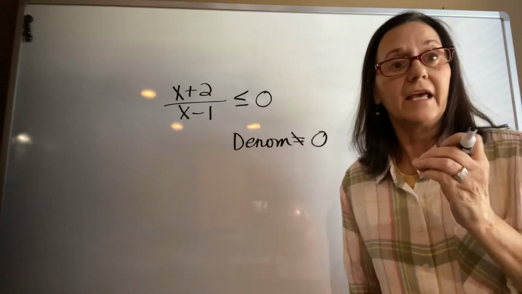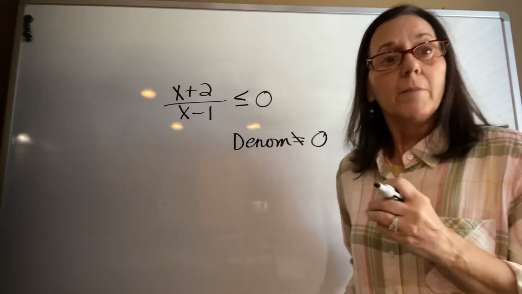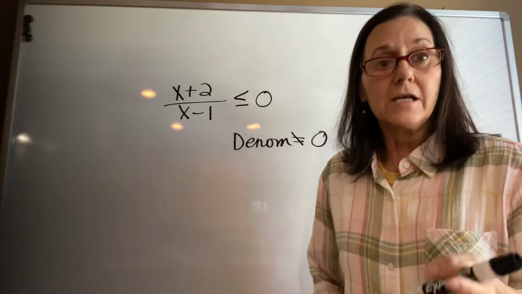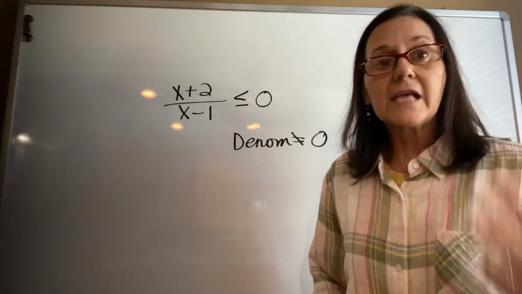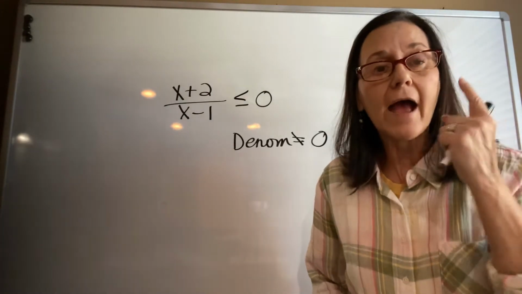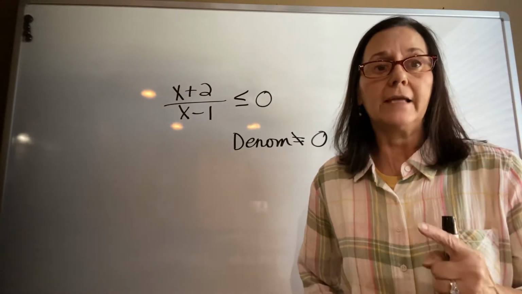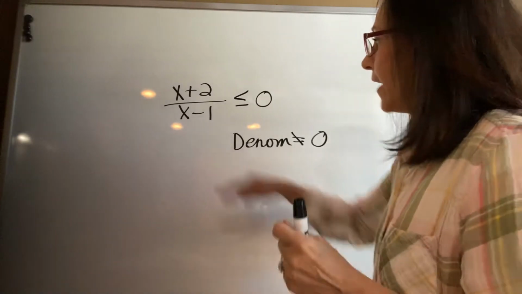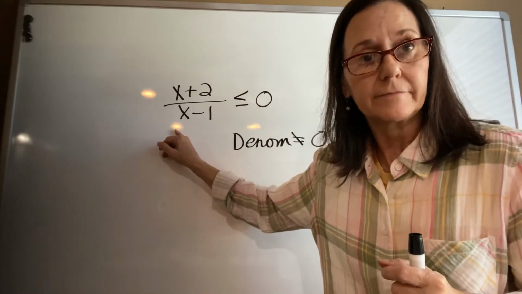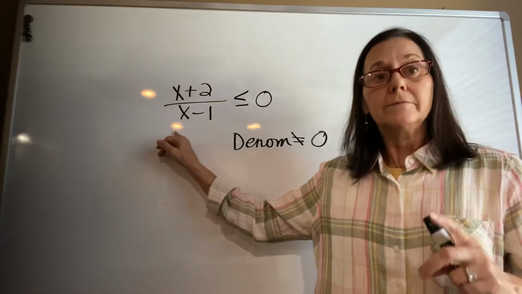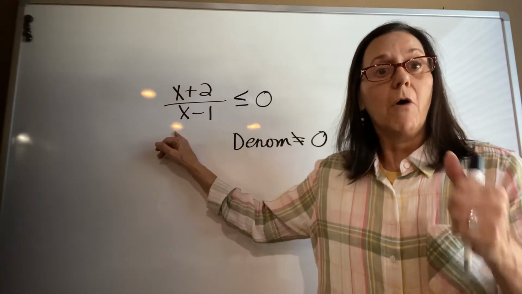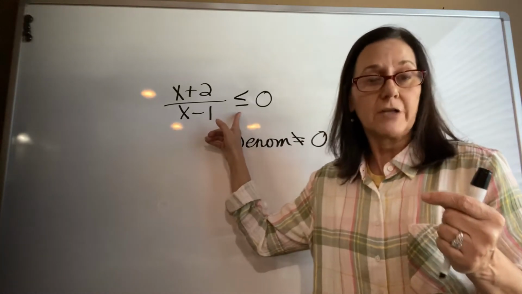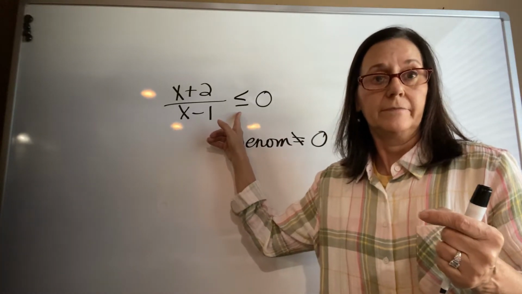The second thing you have to take note of is normally with inequalities, when we have a fraction, remember with equalities, we eliminate the denominator. We're going to do the same thing with inequalities. However, we have to contemplate, what if the value of that denominator, the value of x minus 1, is negative? Because remember, in inequalities, when you multiply or divide by a negative value, it changes the direction of the inequality sign.